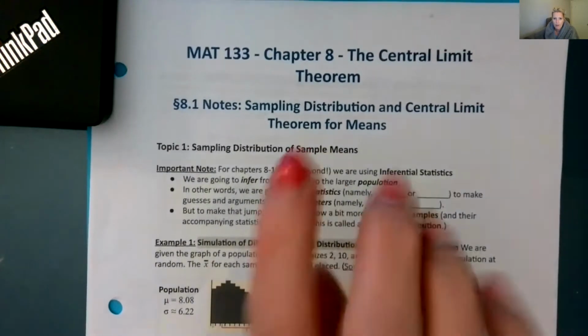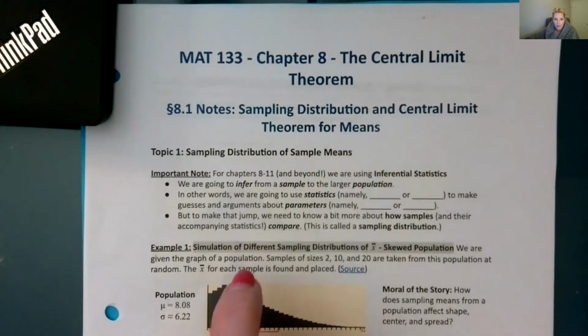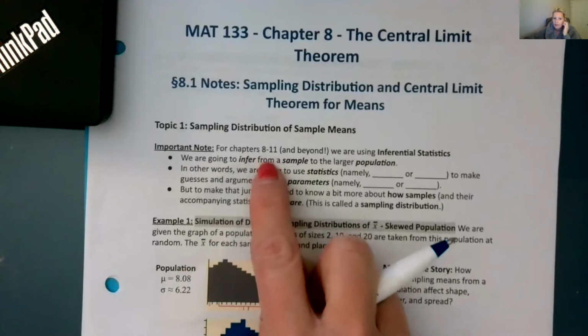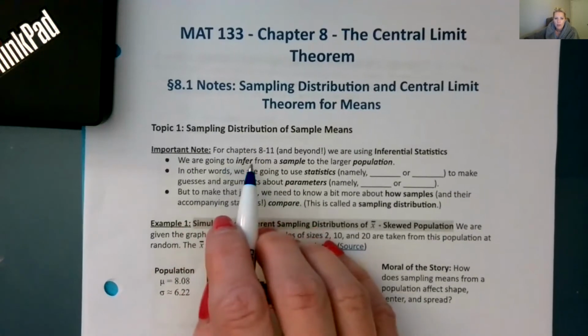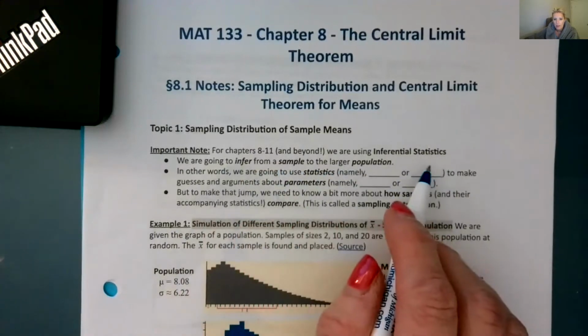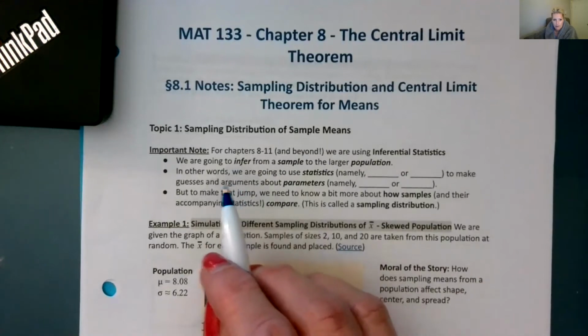So today we're going to introduce the central limit theorem for means. So this is quantitative data. Some important things for chapters 8 through 11: we're going to be inferring from a sample to a larger population, whereas what we did in the earlier chapters was more about descriptive statistics.